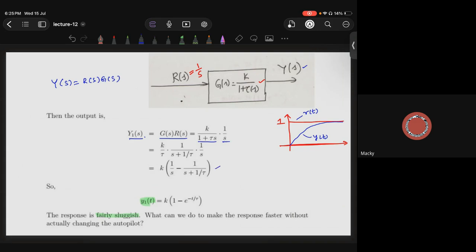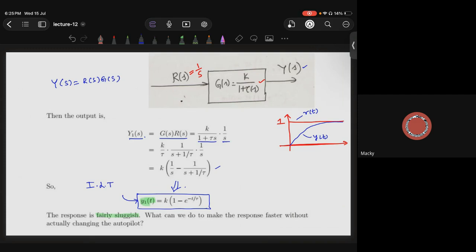Once you have that, if you take the inverse Laplace transform, you get this Y1 of t. Is there any doubt in this? From here, you are taking the inverse Laplace. You got this. Okay. So how does this response look? Can anyone tell me how this response looks?